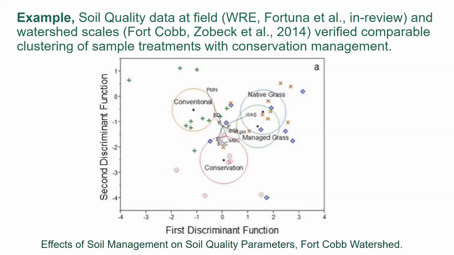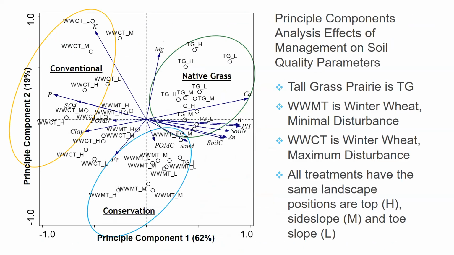So next, I'm shifting to the field scale, the WRE. I took these samples when I first arrived in 2018. So this multivariate analysis is slightly different, but it's the same concept. I took the suite of soil quality parameters, most of which overlapped with the ones we just saw. There were some variations. And I looked at how each of those points clustered in 3 dimensions and ended up with a similar relationship.